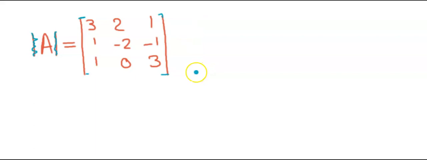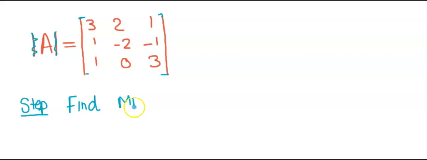If you go back and look at my previous videos, it will show you how to find the minor elements for all of these. So now the next step is find minors. Find minor for element.